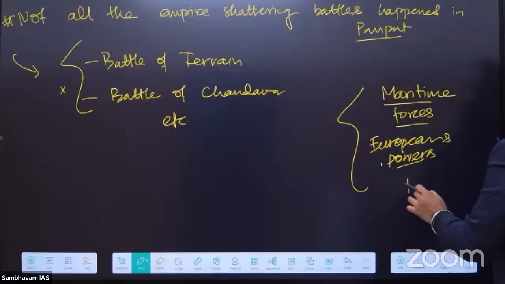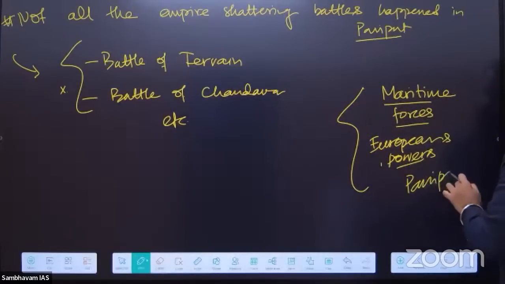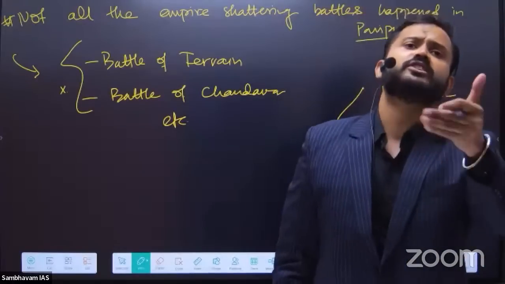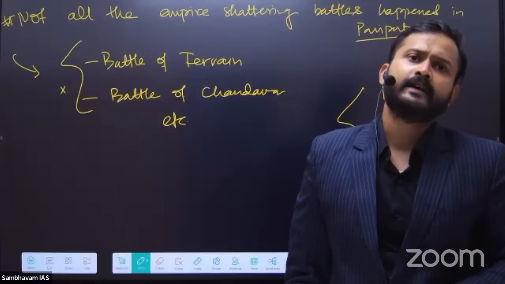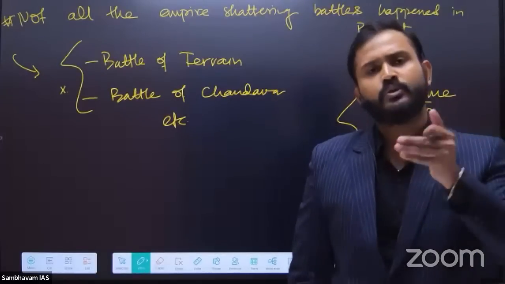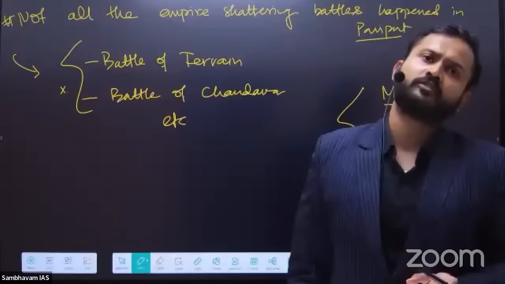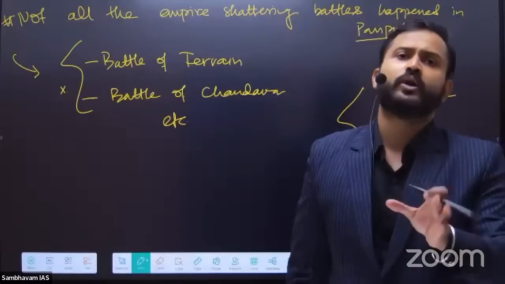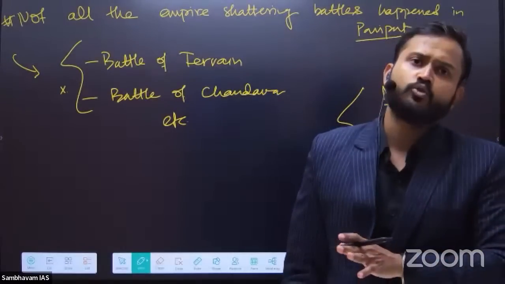That means Panipat or that region no longer remained important. It is just because of the nature of the invasions and the point of contact between the two fighting forces that made Panipat important. This is how you can make a conclusion to this question.